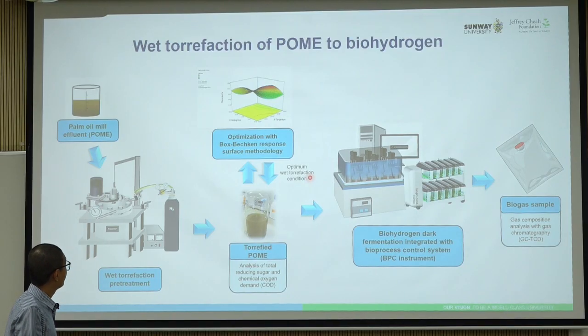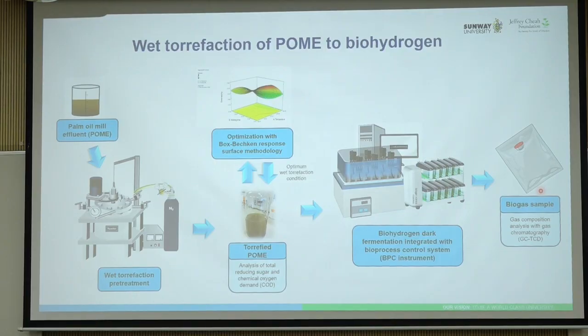After that, we also do the optimization study. So this is the gas product that we get. For our group, as I told you yesterday, we focus a lot on the liquid product and also the solid product. Gas product is relatively new for our group.